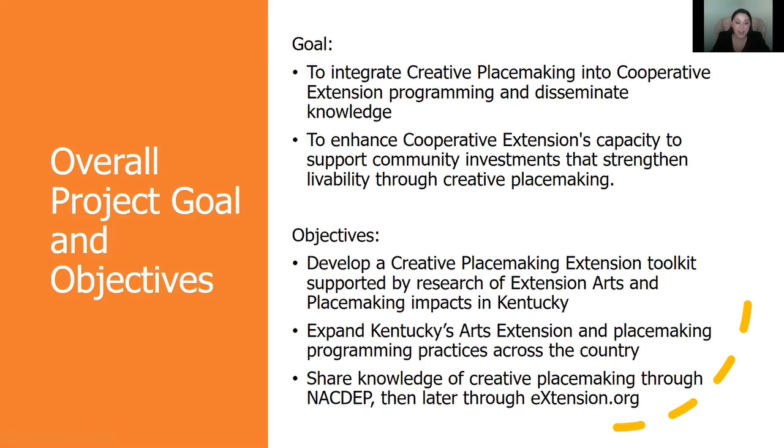And our objective was to develop this creative placemaking toolkit that really is built upon our research through our county-based and state-level data that we've been reporting for all this time, and then expand it to share the knowledge through NACDEP. And we also hope to share it on e-extension soon as the toolkit's finished to introduce that to you either as a downloadable copy. We'll sort that out when we come to it, depending on whether we're all able to gather next year.